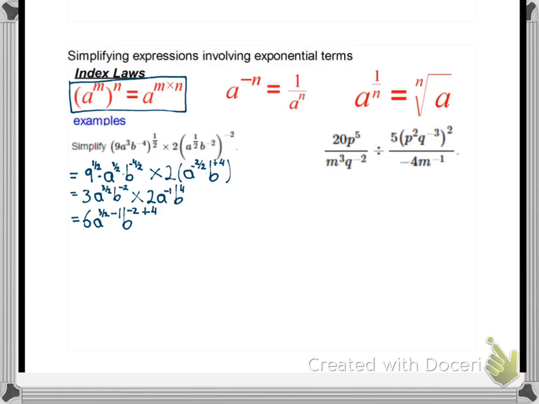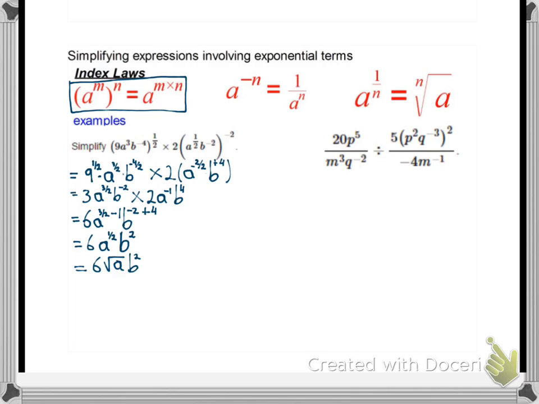So first the numbers can multiply. 3 times 2 is 6, and now we're going to add our powers for our same base numbers. And it simplifies down to that. And here, the a to the power of half, well, we can express that as a square root using this index law.